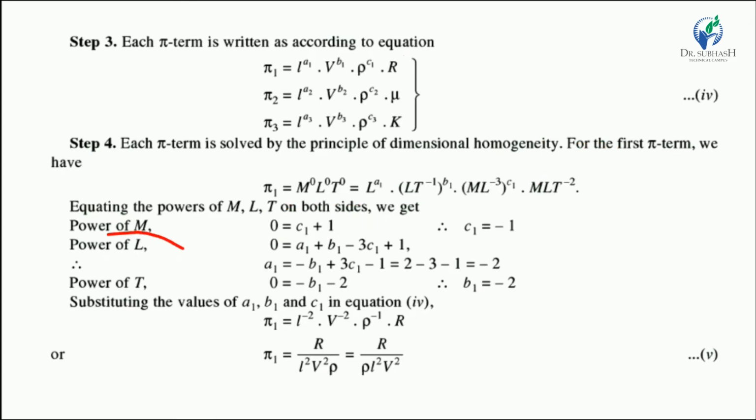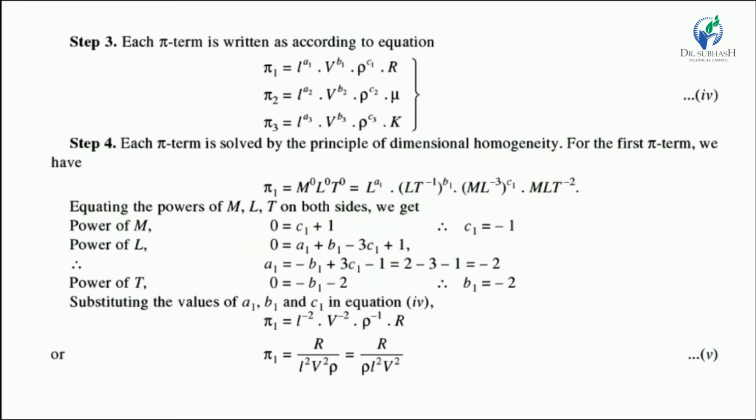Now we compare the power of L. The left side power of L is 0 and the right side is A1, B1, minus 3C1 and 1.